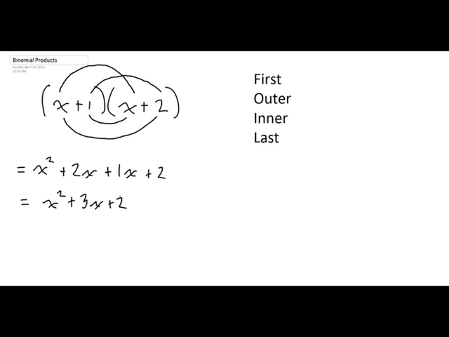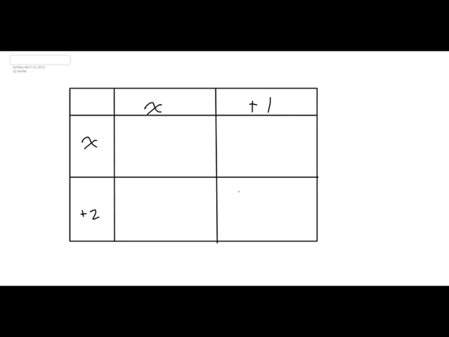So I'm going to show you this question again, rather than using the FOIL method, using the table method. So what we do is we set up our two binomials, the first one just across the top, the second one vertically, and we're just going to multiply to fill up these squares. So for this box here, we've got x times x, so this gives us x squared. 1 times x gives us 1x. 2 times x gives us 2x.